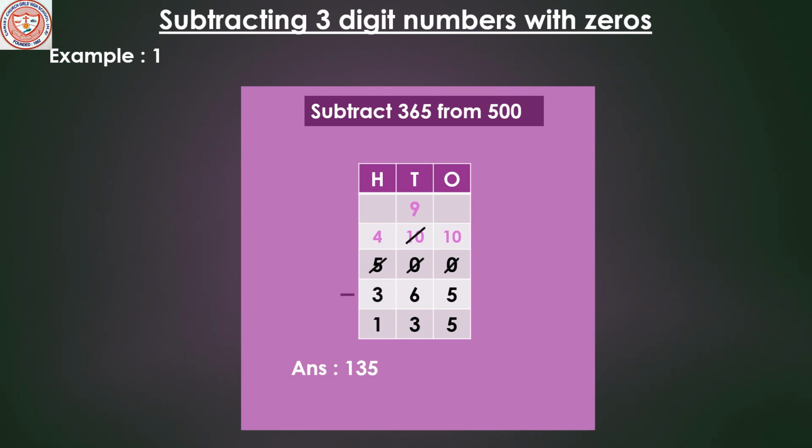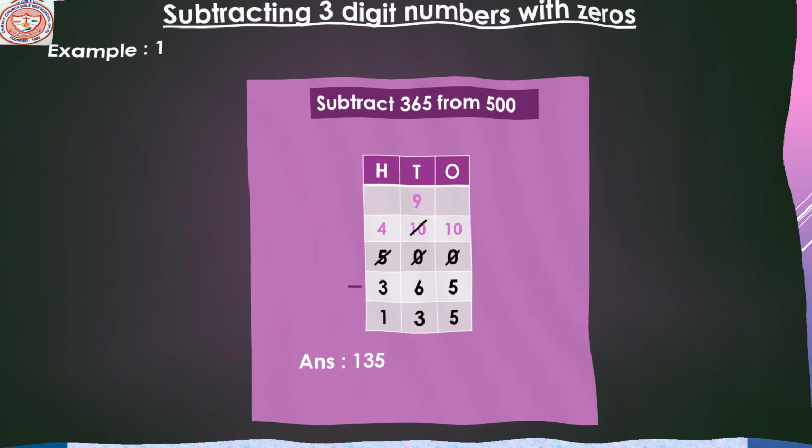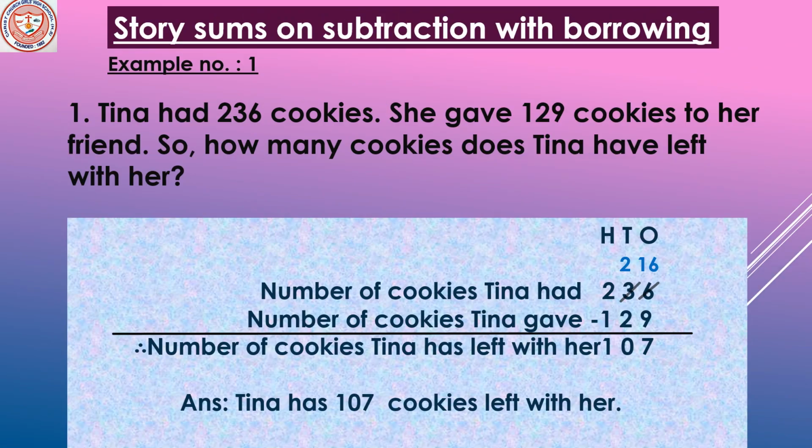Now, it is time to solve some story sums on subtraction with regrouping of 3-digit numbers. So, do you remember the rules of how we solve a story sum? Yes, the rules are: read the story sum thoroughly.